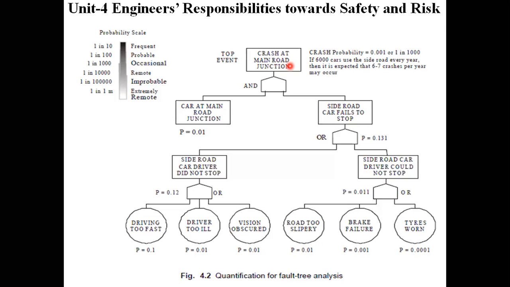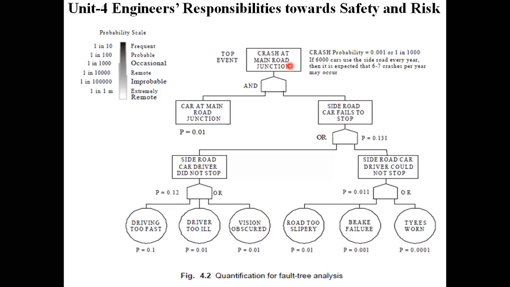Did not stop condition లో డ్రైవర్ టూ ఫాస్ట్గా వెళ్ళిపోవచ్చు, డ్రైవర్ ఇల్ కండిషన్లో ఉండొచ్చు, విజన్ అబ్స్కార్డ్, విజన్ సరిగ్గా కనిపించకుండా ఉన్న కండిషన్ అవ్వచ్చు. అండ్ డ్రైవర్ కుడ్ నాట్ స్టాప్ కండిషన్లో రోడ్ టూ స్లిప్పరీ, బ్రేక్ ఫెయిల్యూర్, అండ్ టైర్ వోర్న్ కండిషన్. All these are going to be accumulated with respect to the OR logic.